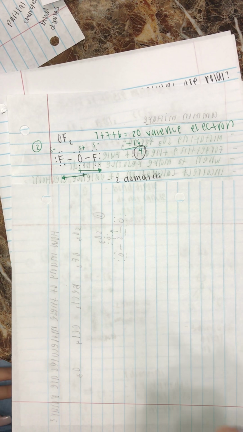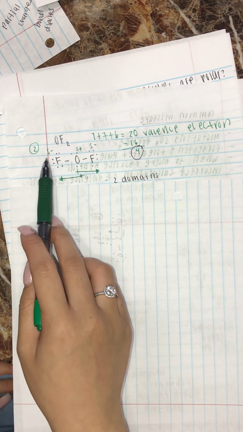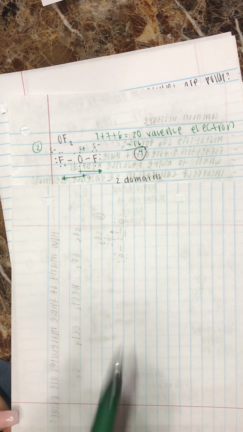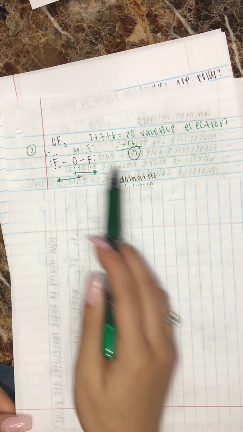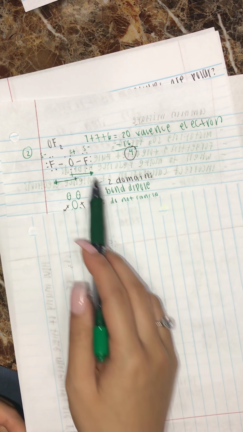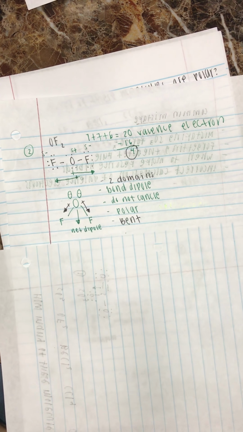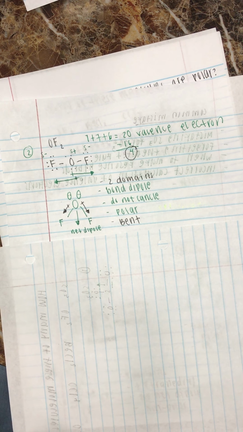We did the same steps we did before. We find the partial charges and we draw the bond dipoles. And there's 2 domains and there are 2 bonds. So it is bent.